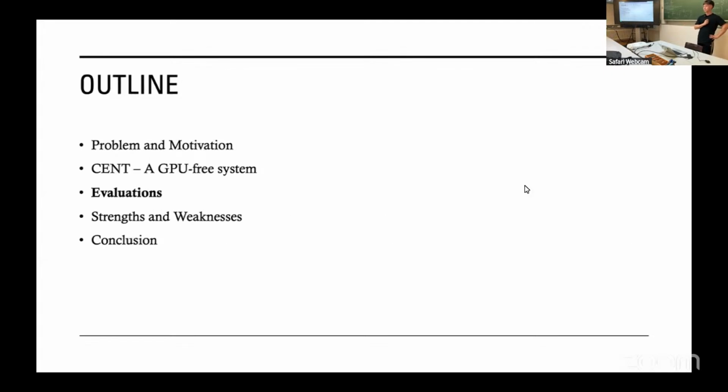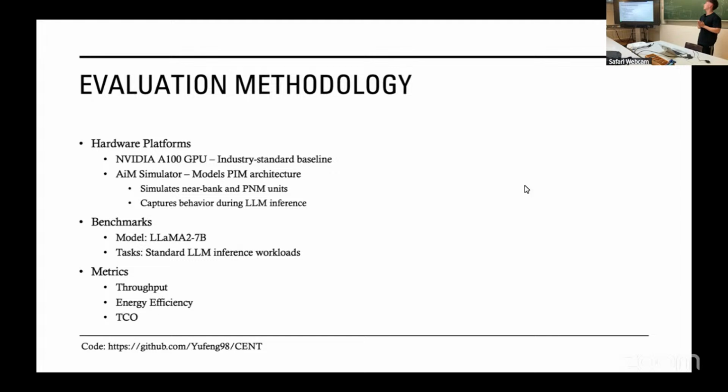Okay. Now let's have a look at the evaluations, how this model performed. At first, the evaluation methodology: they use the NVIDIA A100 GPU as an industry standard baseline, and the AIM simulator to model the PIM architecture, simulate near-bank PNM units and capture the behavior of the LLM inference.